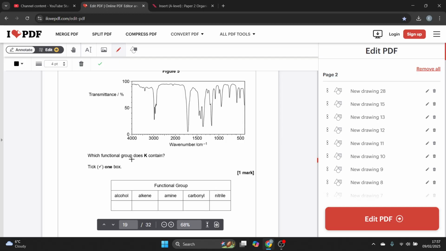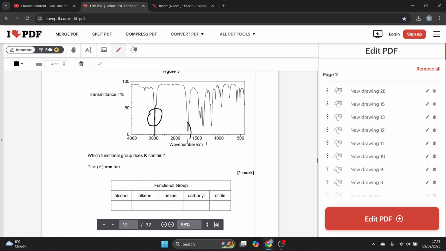Look at the periodic table... The 3000 has got a peak, but I don't really care about that, because it's pretty much spot on 3000. That's a C-H. Or carboxylic acid, but none of these are carboxylic acid, so C-H.